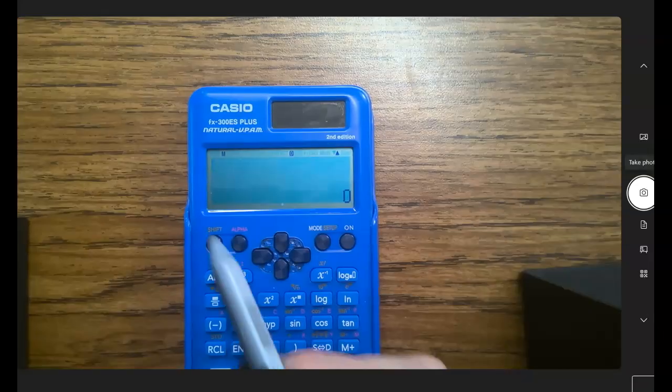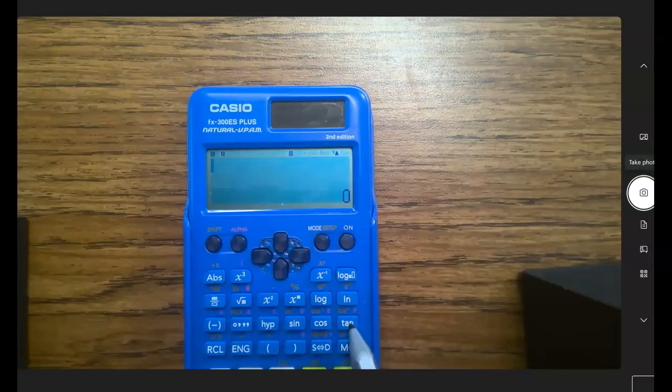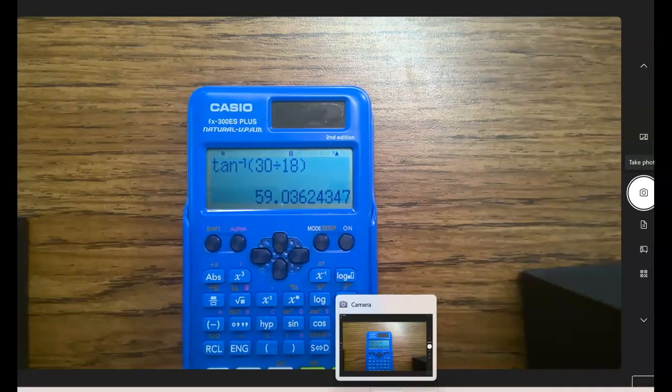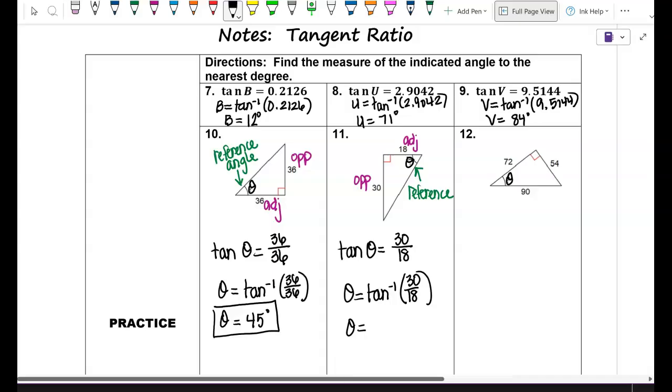So again, shift tangent, and then I'm just going to put in 30 divided by 18 parentheses and let the calculator do all that work at once to tell me that what am I going to put for my answer here? 59 degrees. So theta is 59 degrees.